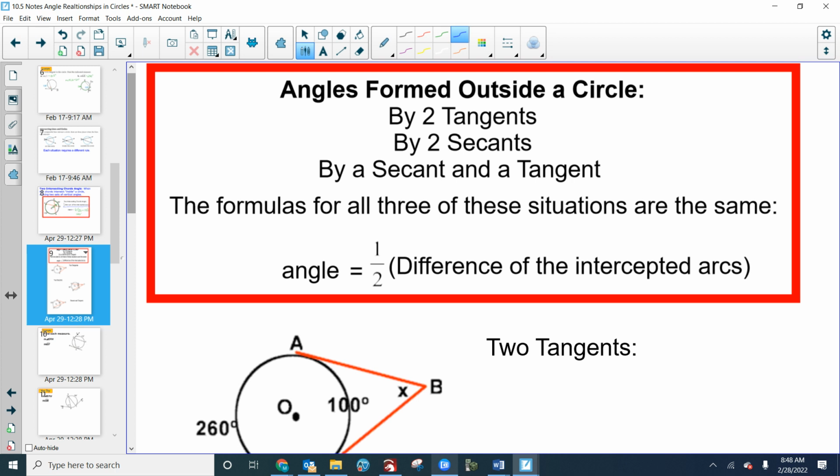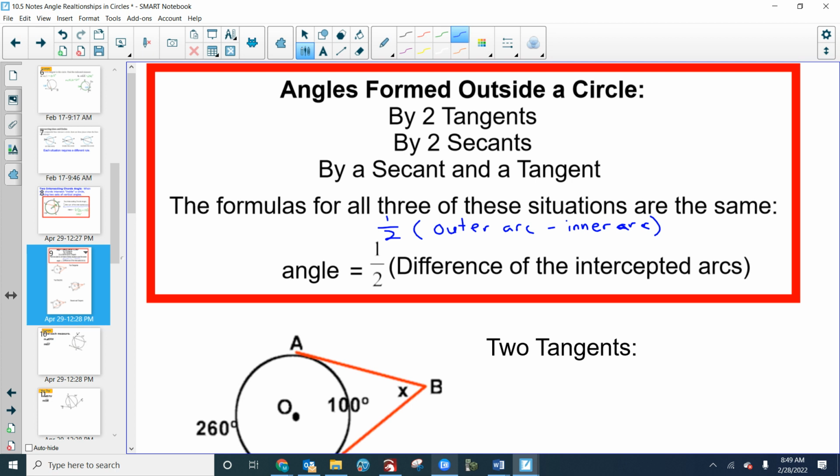Half the difference. So the way I like to think of it is half of the outer arc minus the inner arc. Half the outer arc minus the inner arc. And when I say outer and inner, that's based on the angle you're trying to find.